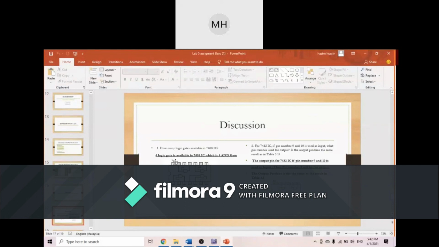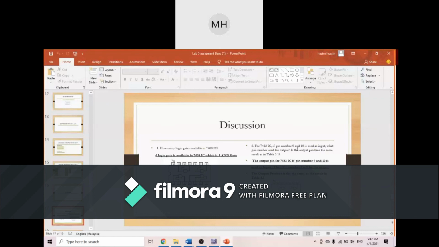For this question, it asks how many logic gates are available in the 7408 IC. We have 4 logic gates available in the 7408 IC, which are 4 AND gates. For question 2, the question asks about the 7432 IC.